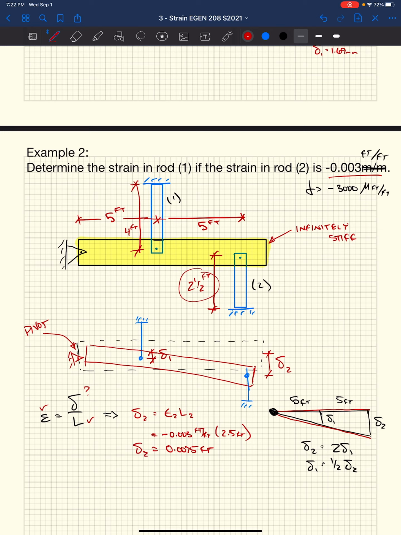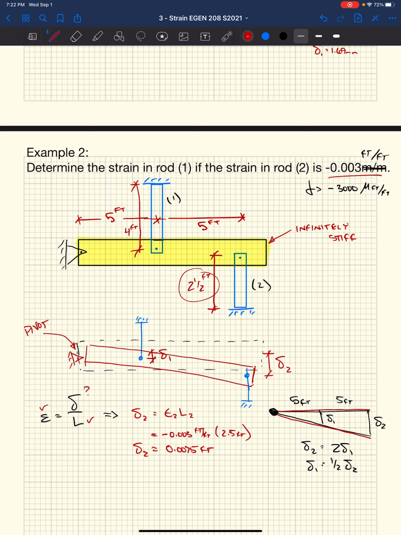Well, we want to determine the strain in rod 1 while using similar triangles, because our infinitely stiff beam is going to create straight lines as it deflects. So the deformation at 1 is in proportion to the deformation at 2 and vice versa.